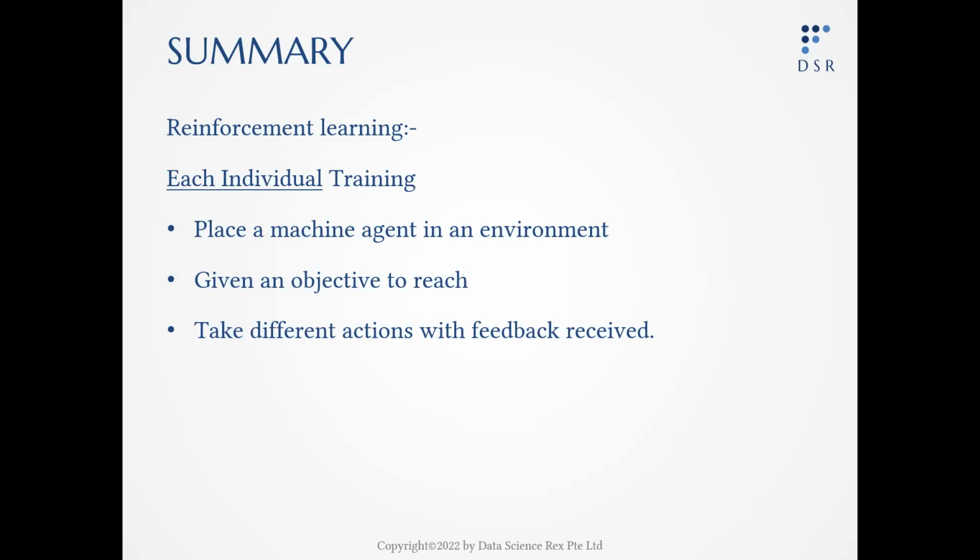So in summary, reinforcement learning is this. At each individual training, you place a machine agent in an environment and give it an objective to reach. The agent will then, in each of these trainings, take different actions and get some feedback from it.